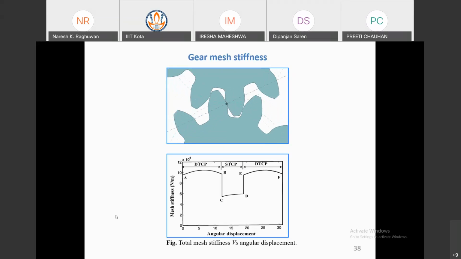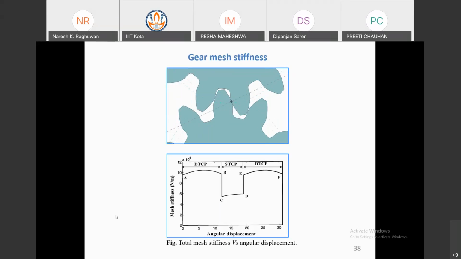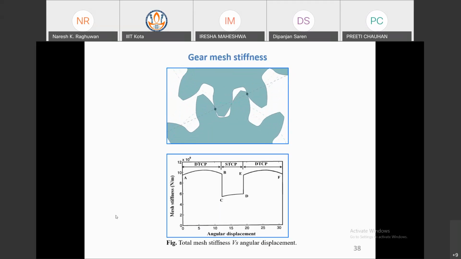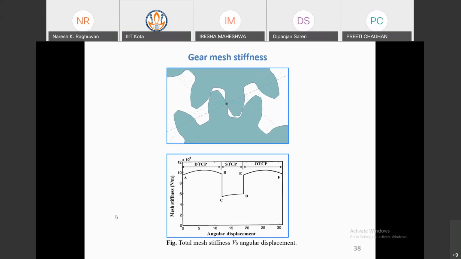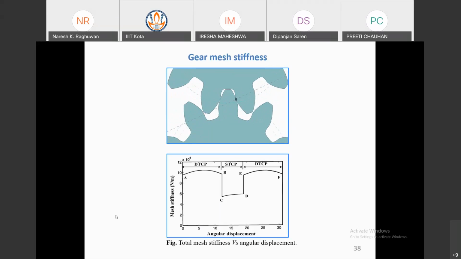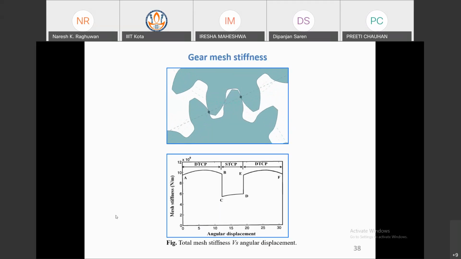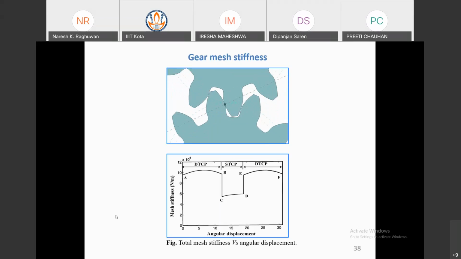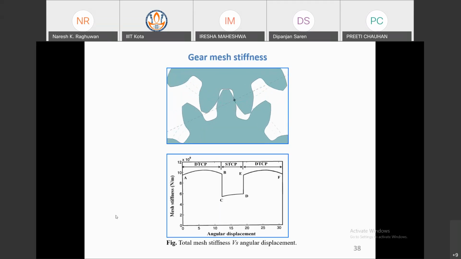So at zero angular displacement, the mesh stiffness at point A is 10 into 10 raised to power 8 Newton per meter. Then the rotation of the gear will occur, so it varies from A to B. Then STCP, single tooth contact pair, means only two teeth are involved: one tooth of the gear and one tooth of the pinion.